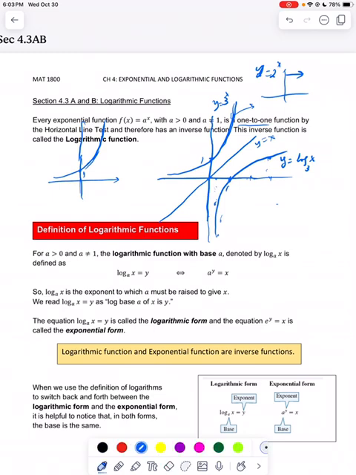This is what you have to learn, the conversion. I shouldn't say y for both, as that can be a little bit confusing. So let me call this the function f of x. f of x is 3 to the x, then g of x is going to be log base 3 of x.